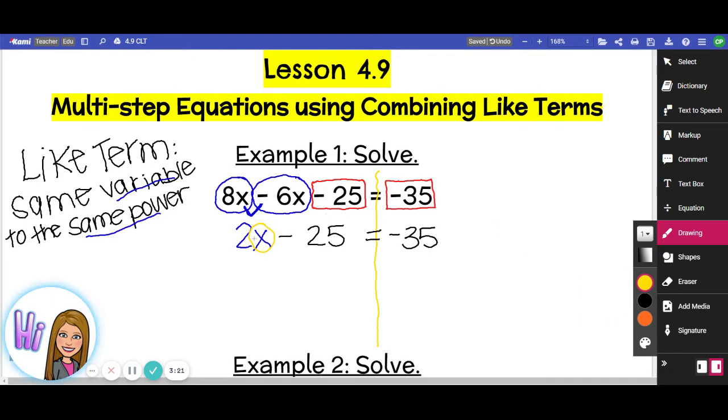When I look at 2x minus 25, I can see that this negative 25 is not directly attached to the x. So I'm going to get rid of that first. And the way that I can move it to the other side and get rid of it is to do the inverse operation. So I'm going to add 25. The opposite of subtracting 25 is to add 25. And if I do that on one side, to keep it balanced, I need to also do that to the other side.